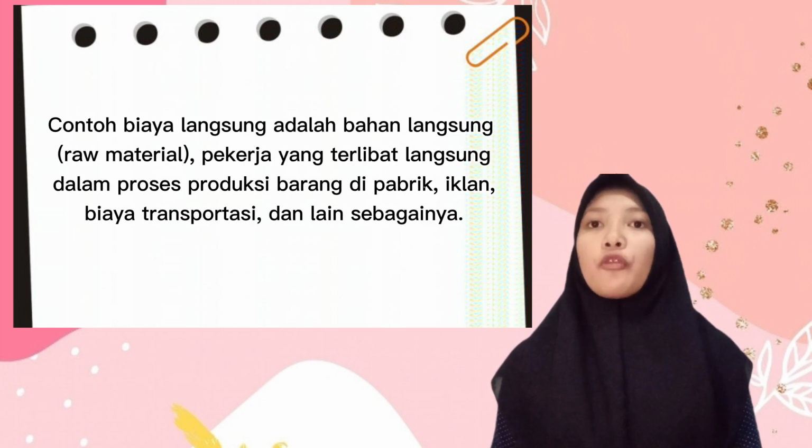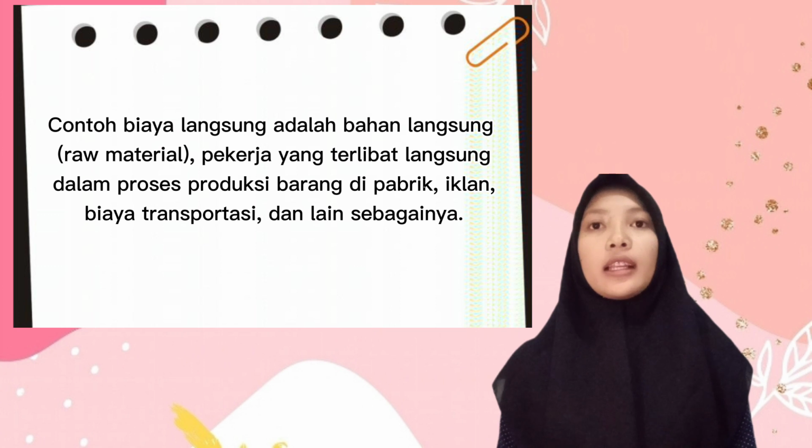Examples of direct costs are direct material or raw material, workers who are directly involved in the production process of goods at the factory, advertising, transportation costs, and so on.